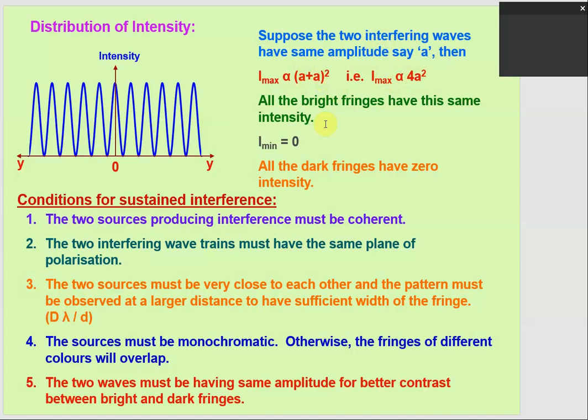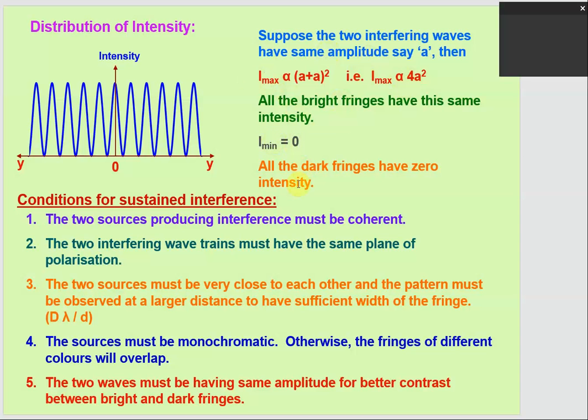And if they interfere destructively, then the intensity will be A minus A to the whole square, which will be 0. So the maximum intensity will be given by 4A square, and the minimum intensity will be 0, which is for the dark fringes.